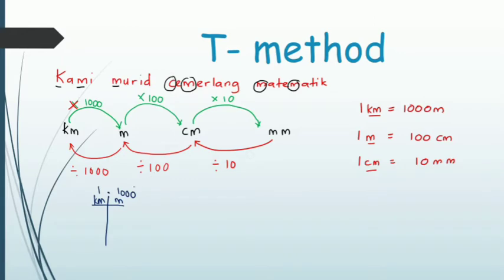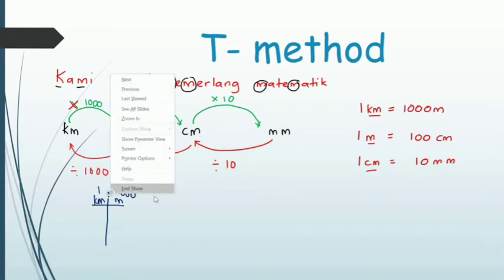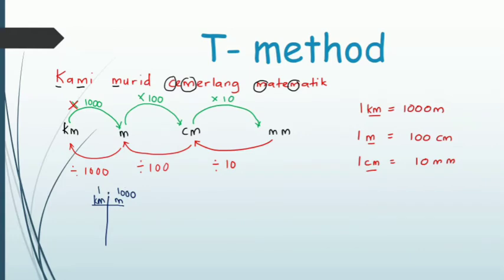The relationship between kilometer and meter is 1 kilometer equals 1000 meter, so there are 3 zeros in meter. We need to write 3 numbers in the meter place. This is the house of meter and this is the house of kilometer. You cannot write more than 3 or less than 3 in the meter house.